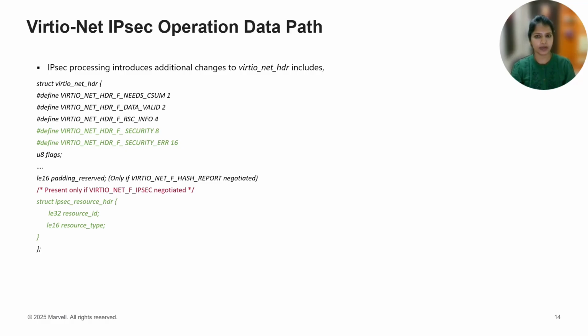Similarly, if an inbound packet undergoes IPsec processing, the device sets the same flag to inform the driver that the packet has gone through IPsec processing. If IPsec processing fails, the device sets the virtio-net header security error flag. The resource ID is the SA object ID used for IPsec processing for this packet.